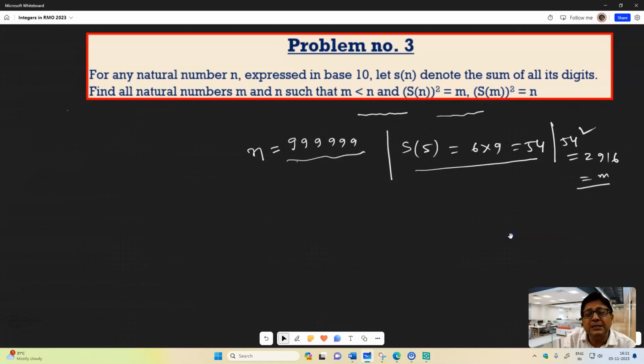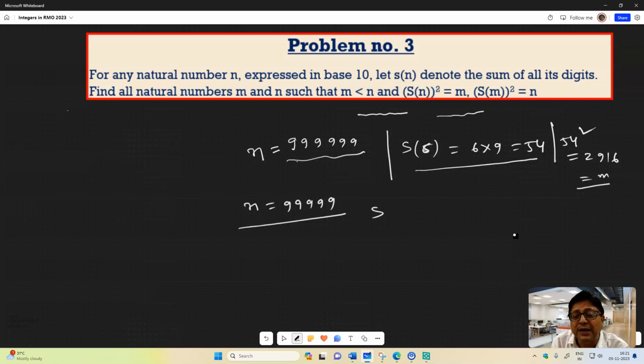Now if it is a 5-digit number, n equal to say 99999 is the maximum value. So S5 will be what? This is 45. 45 square is 2025. If you have started with this, 45 square is 2025.